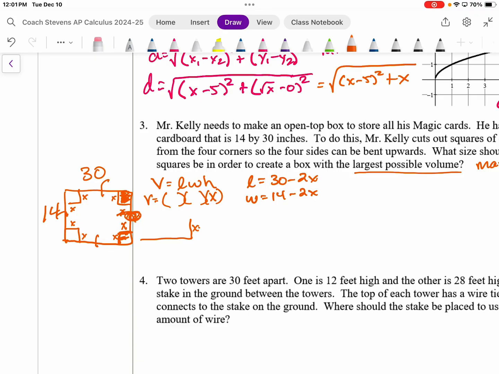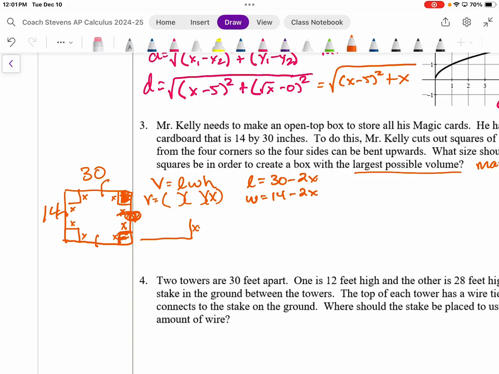On the length side, which is 30, because we always think length is like the biggest sometimes, I'm cutting out x from this side and x from the left side. And that's really the length of this edge of the box, which is basically 30 minus 2x. And we do the same thing on the other side too.